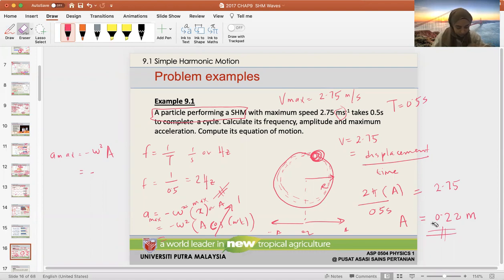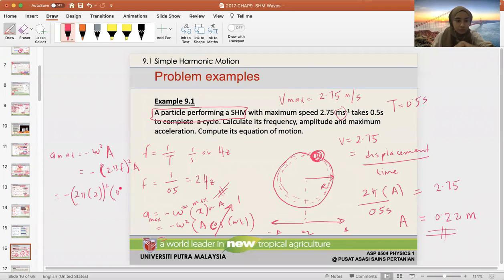Omega is 2 pi f, guys, I forgot. So omega squared is 2 pi f squared, and this is A. We already know the frequency. So that becomes minus 2 pi f, the whole thing squared.